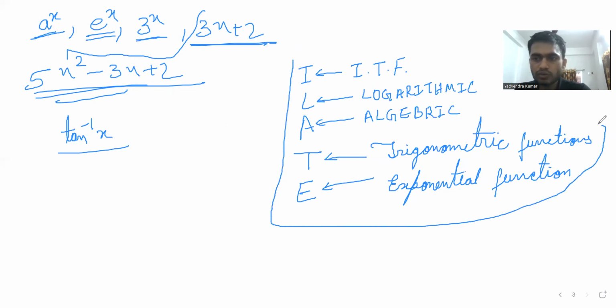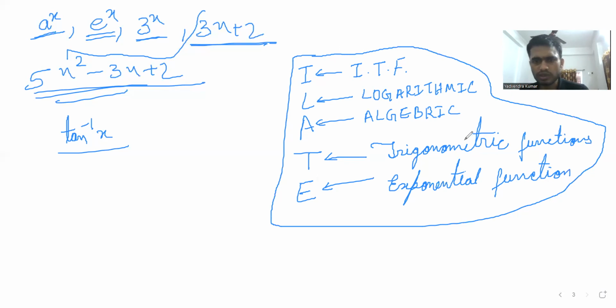So what we know previously, we are trying to relate with these things. I relates to inverse trigonometric function, L to logarithmic function, A to algebraic function, T to trigonometric function, and E to exponential functions. So this is an approximate division.